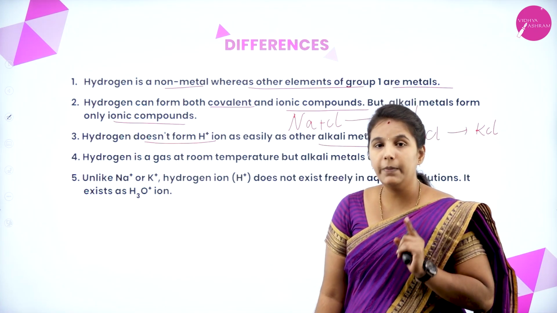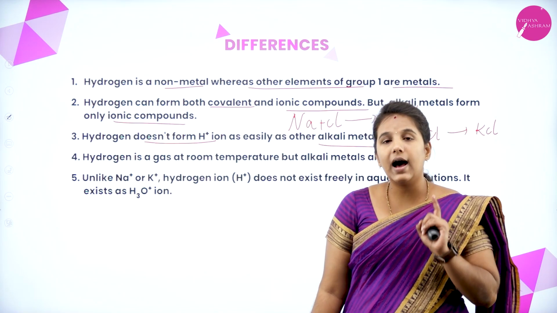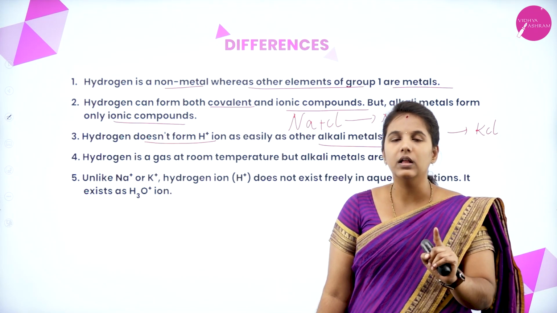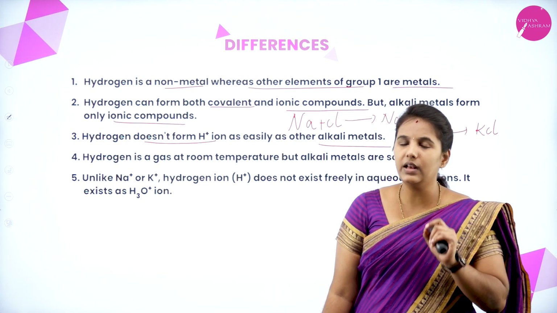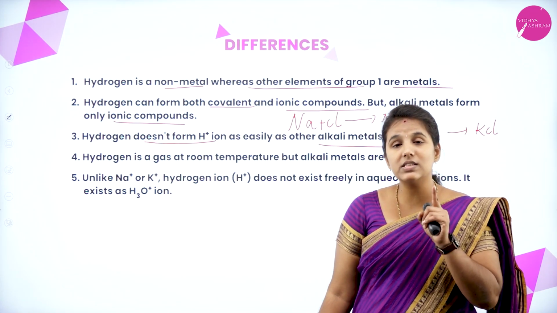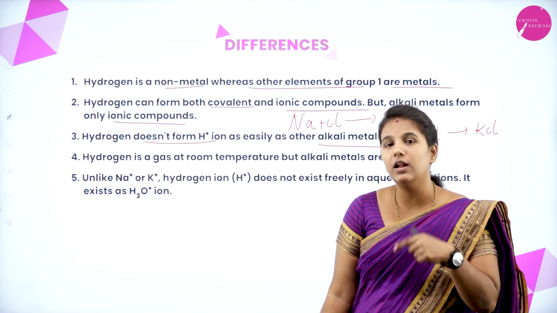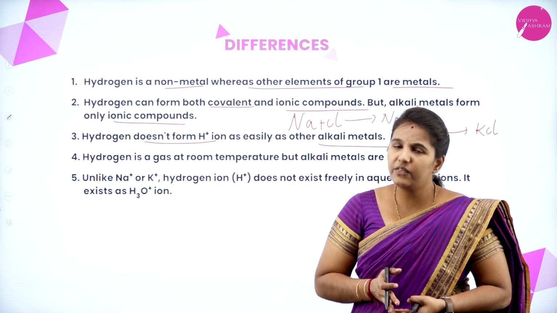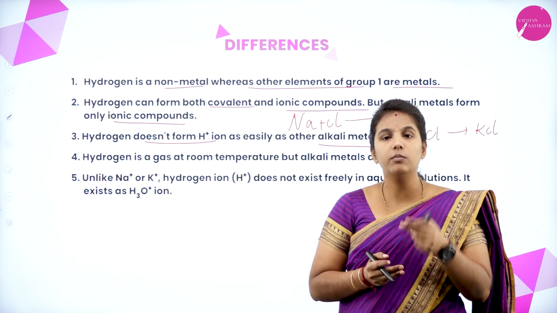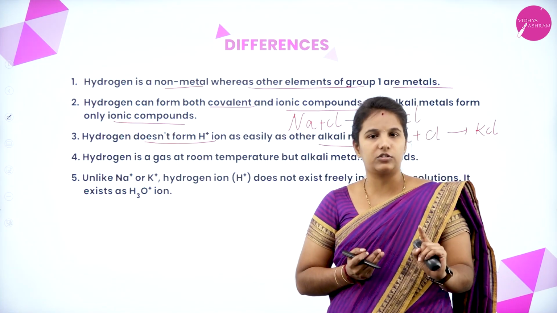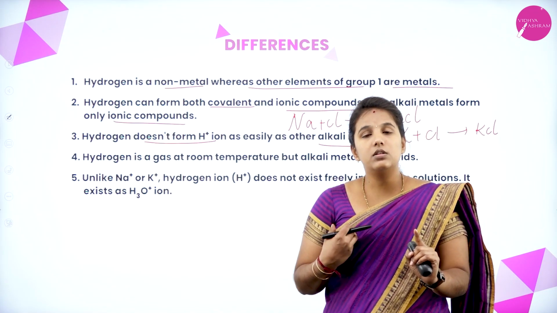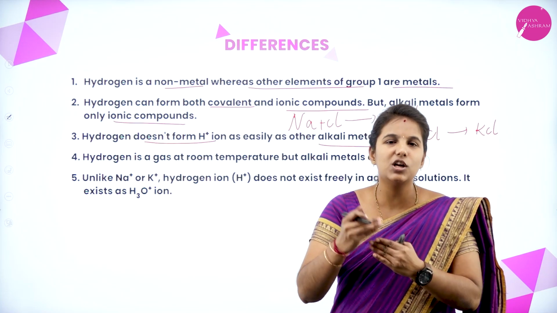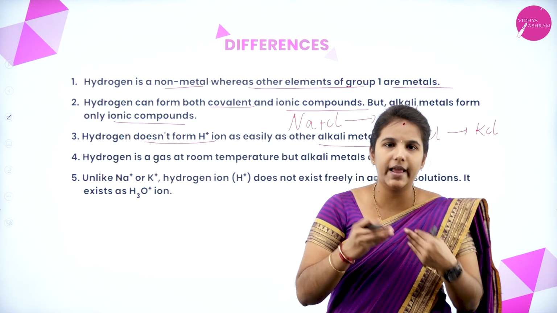Why is it? Because the alkali metal has an atomic number such as 3, 11 and so on. When it has only 1 electron in its outermost shell, it can easily donate it. But the hydrogen atom has only one electron, so for the removal of this electron we need extra energy. It's not so easy to remove the one electron.